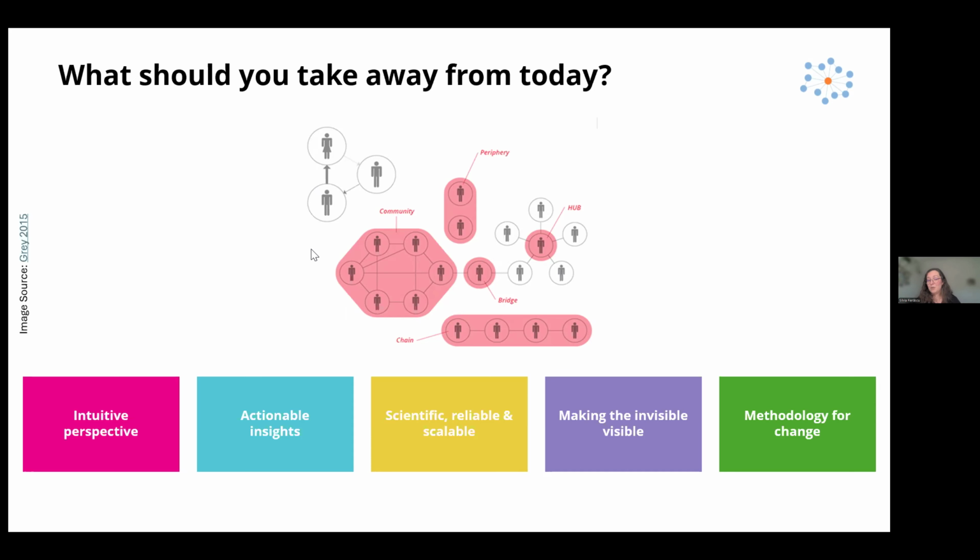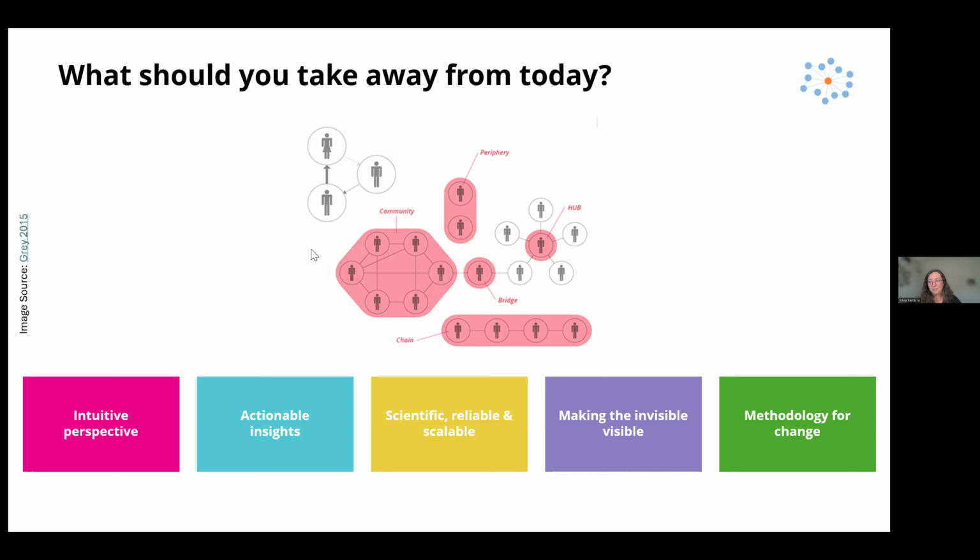It's a scientific, reliable, and scalable methodology. It works well with high-tech AI, large language models, anything. You can bring in qualitative tools in order to enhance whatever we learn from the network perspective. I love that it makes the invisible visible.